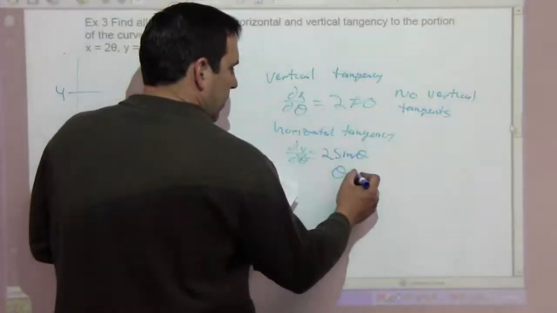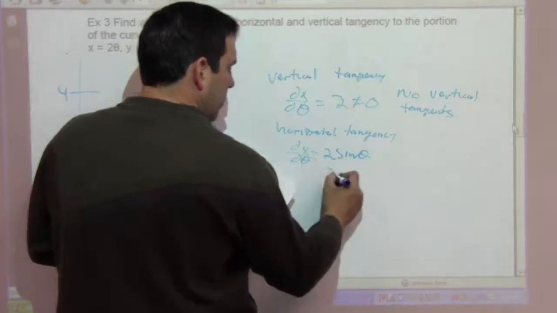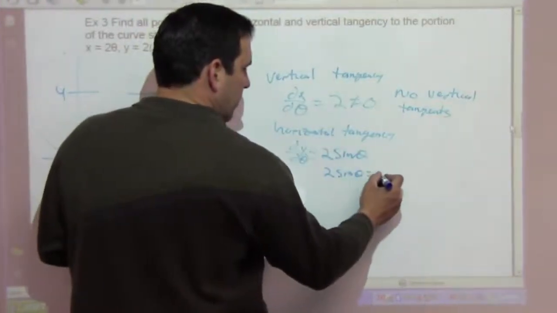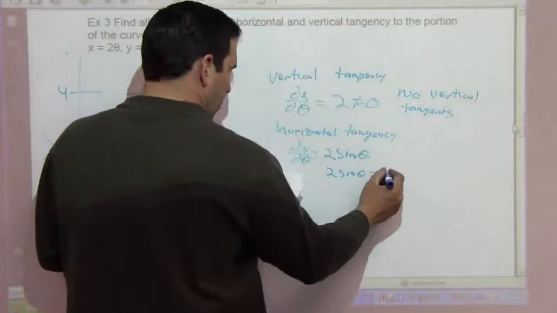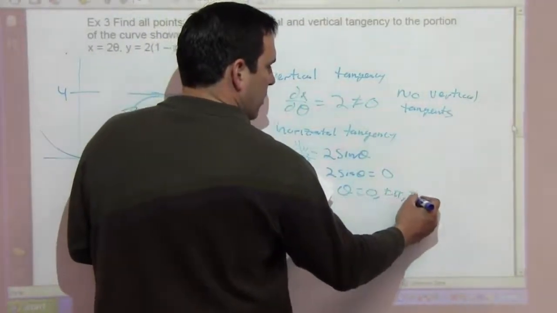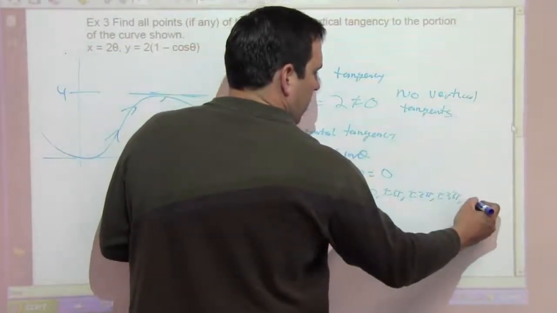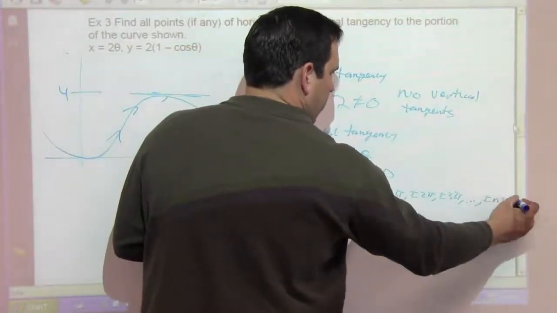And that'll be 0. Let's say 2 sine θ equals 0. When θ is 0, plus or minus π, plus or minus 2π, plus or minus 3π, plus or minus nπ.